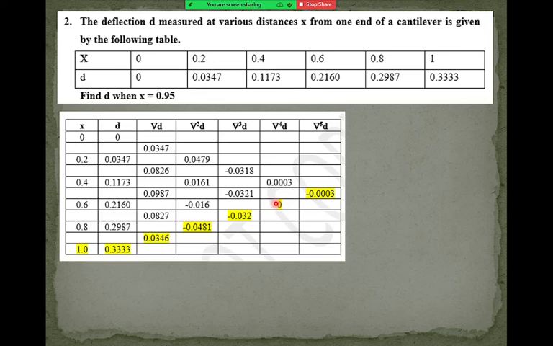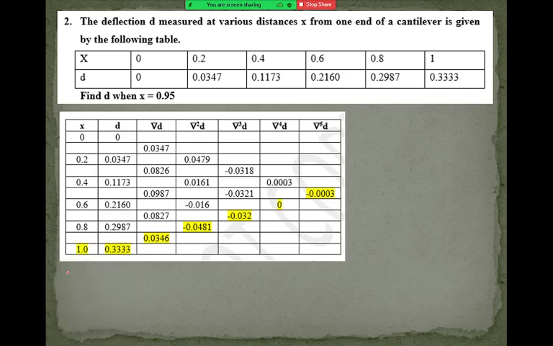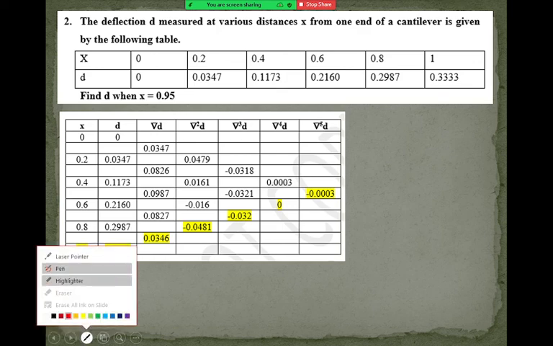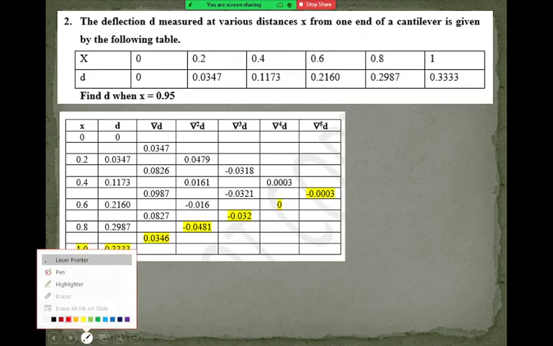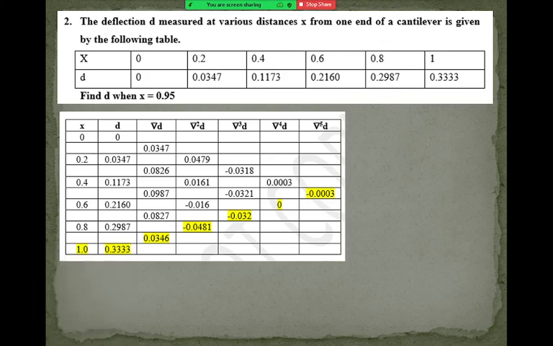So what should a minus xh be? 0.95. What is a? 1. A is 1. Good. First, you told me that a minus xh should be 0.95, a should be 1.